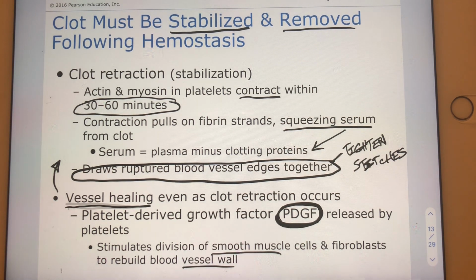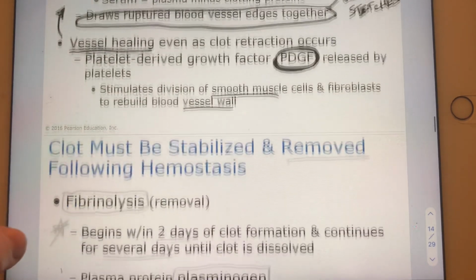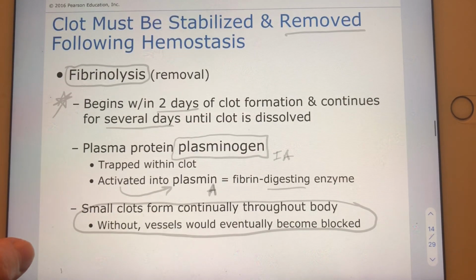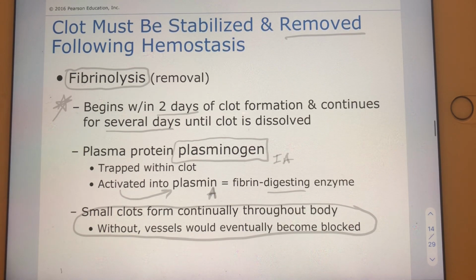Okay? Believe it or not, yay! Just because we've repaired, we've healed the vessel, we still haven't removed the clot, all right? And removal of the clot is called fibrinolysis. Fibrinolysis, okay? It begins within 2 days of clot formation.